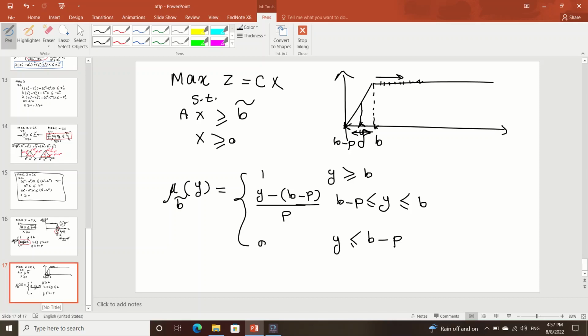So, because of the fuzzy feasible region in this structure, we should consider the structure of the objective function as fuzzy, because the feasible region is fuzzy.